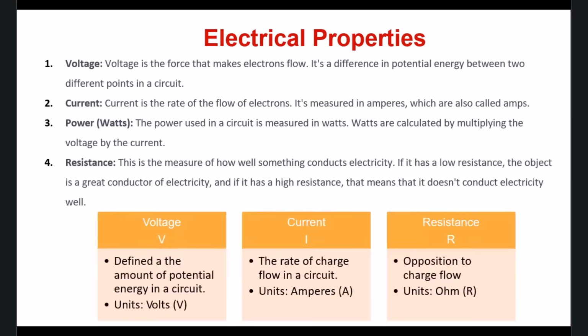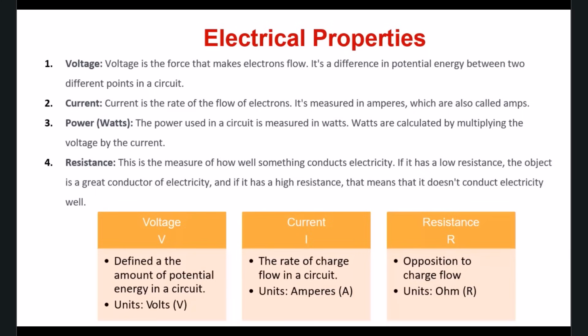To conclude these electrical properties, we can consider here the voltage, that is defined as the amount of potential energy in a circuit, and the unit of the voltage is volt. Next, the current, the rate of charge flow in the circuit.